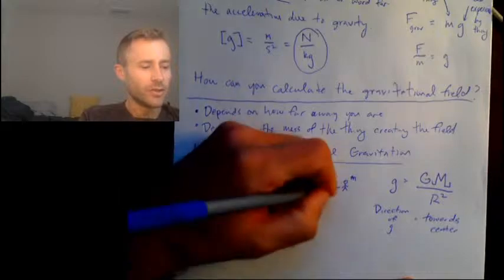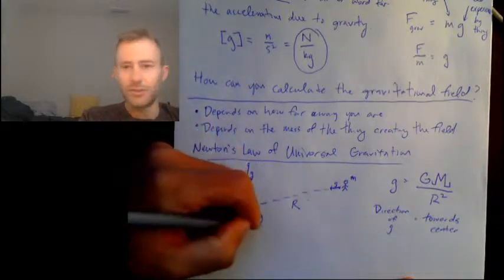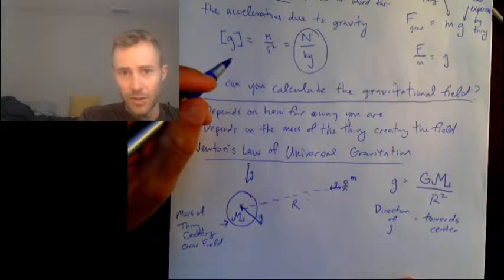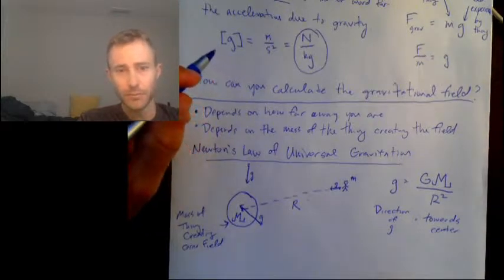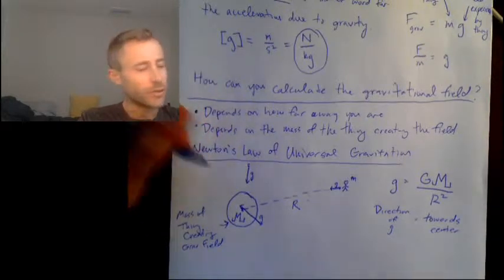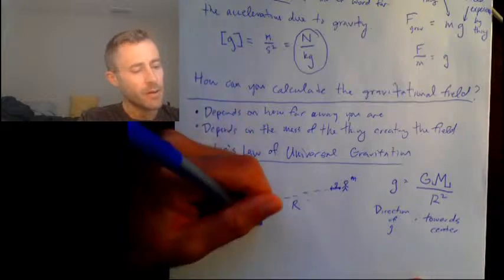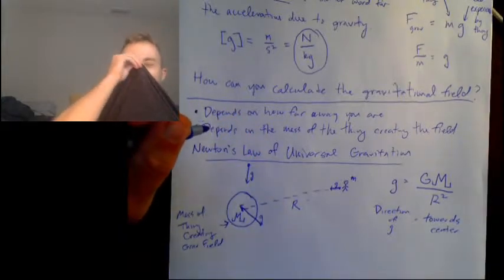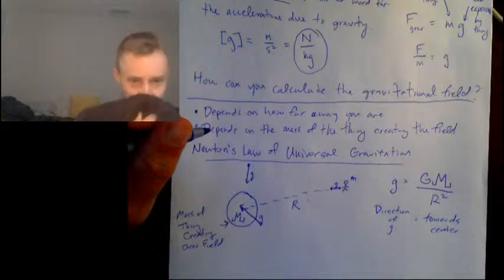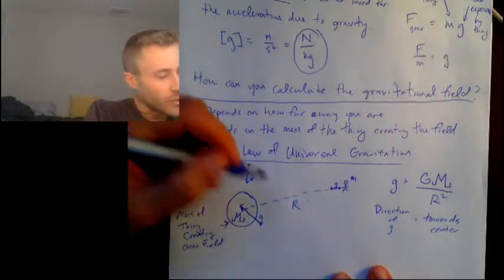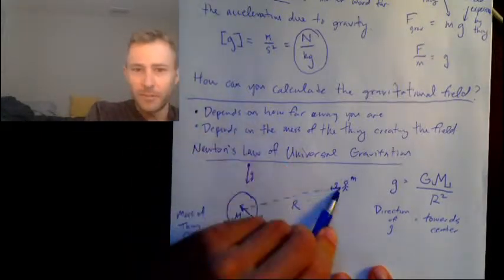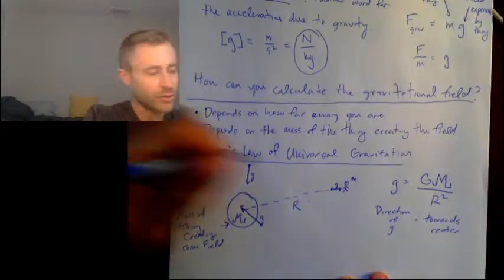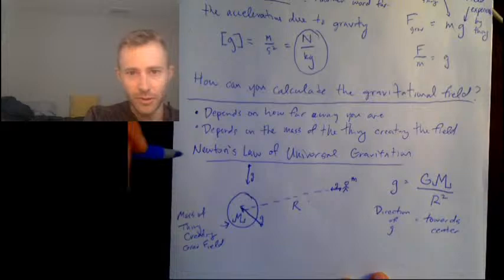Now you might notice that I've drawn these three arrows as different sizes. The reason I've done that is this point right here is farthest away from the center of the planet, so it's going to have the smallest gravitational field.